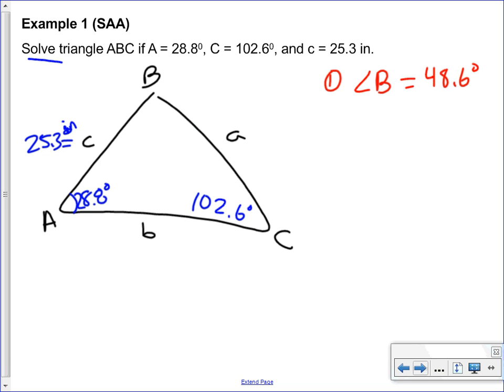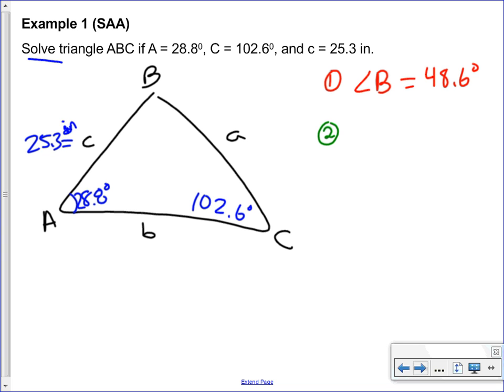Second part, I like to go in alphabetical order. For the sides, if you find side a first or side b first, it's okay. I'm just trying to be methodical. So second thing, find side a. If that's the side you need to find, when you set up your ratio, it's at the top left corner.